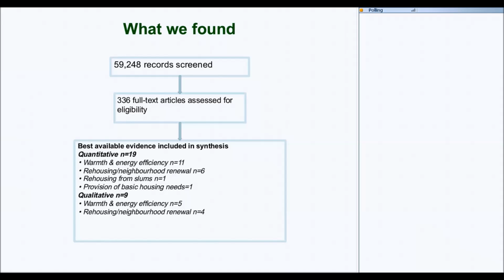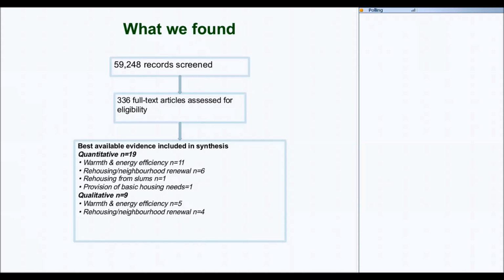At the bottom of the flowchart, you can see what we included in the review. We've grouped it by the quantitative and qualitative studies, and also by the group of housing intervention type. So you can see that most of the studies were quantitative, and they were about warmth and energy efficiency measures, or rehousing or neighbourhood renewal. And then there were a couple of studies in these other categories.